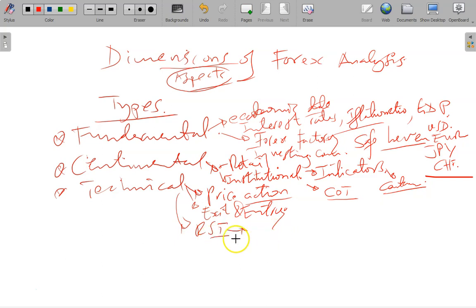RSI may provide you with signals about a probable direction of the market, maybe by using the idea of overbought and oversold conditions, so you can anticipate the future move, or sometimes divergence in RSI, so you can anticipate the future move. So technical indicators are important in anticipating the future move of the market. Now this is all about the dimensions, and specifically how to use both.